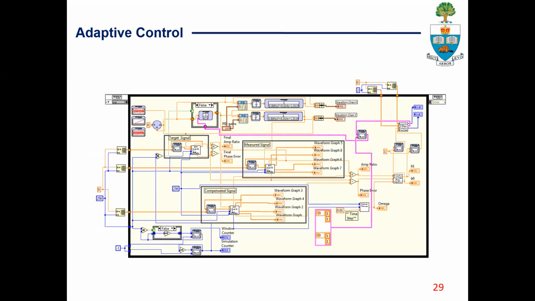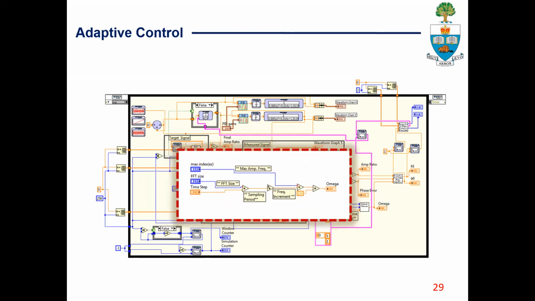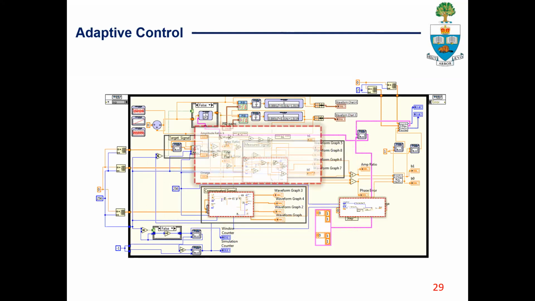And here is the LabVIEW implementation for this. So we have a PID plus structure, and in the second loop we have the adaptive controller plus PID plus structure. So we take the command and measure signals, we take their FFTs, and then we extract the phase and amplitude errors.